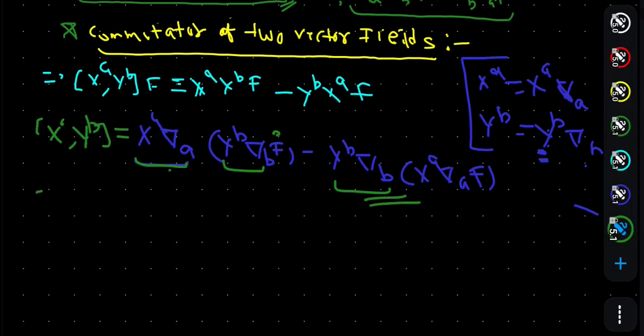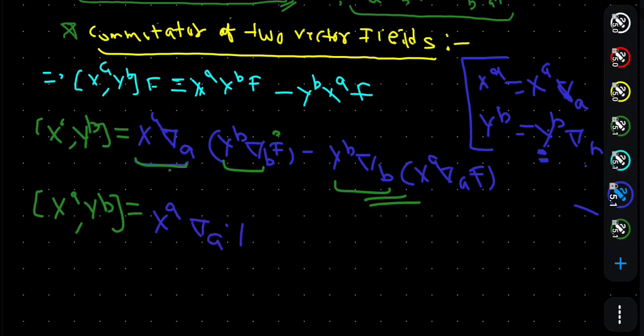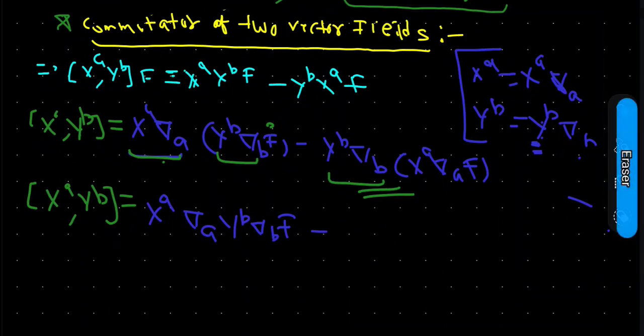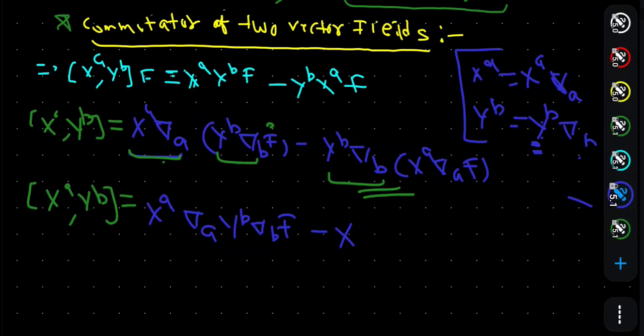Now the commutator of x^a and y^b is equal to x^a nabla_a y^b nabla_b f, and then minus x^a nabla_a, and y will be in the first place because here we are not going to try to do this.